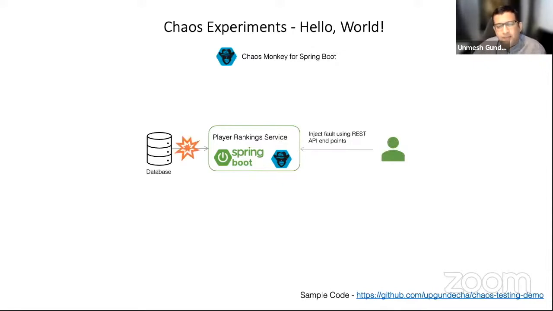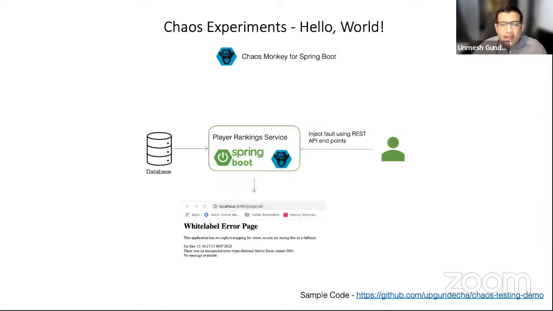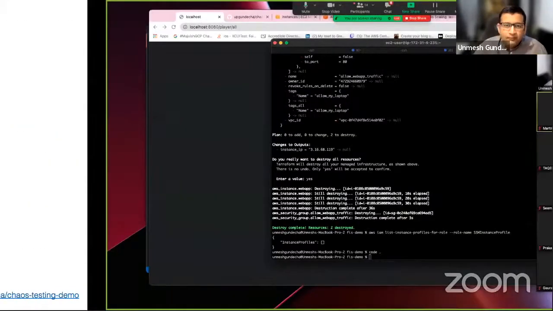So we will temporarily inject some exceptions in the service to simulate the database disconnection, and what users see is an exception, which is not ideal, and then we iterate on this example.